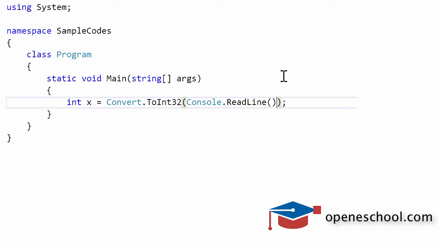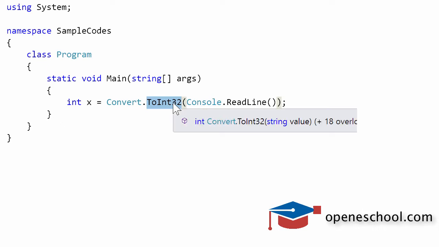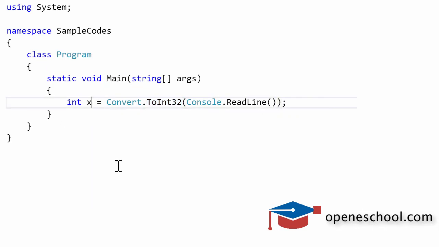Notice that I have passed the Console.ReadLine function as an argument to the Convert.ToInt32 function. So the value that the ReadLine function will read from the keyboard, it will give it as an input to the ToInt32 function, and then this function will convert it into an integer value and store it in the x variable. So let's run this program.